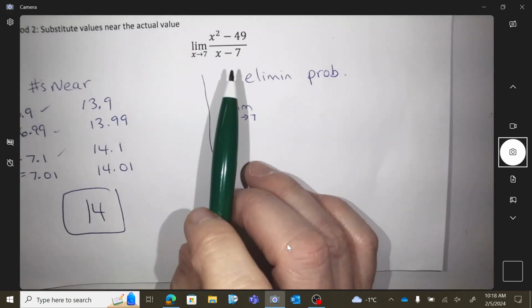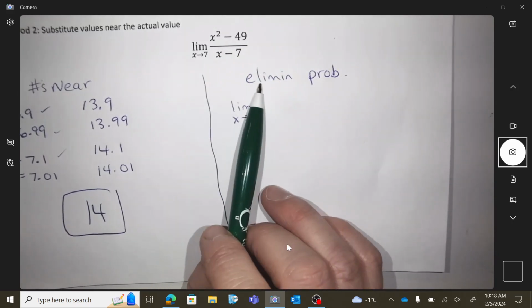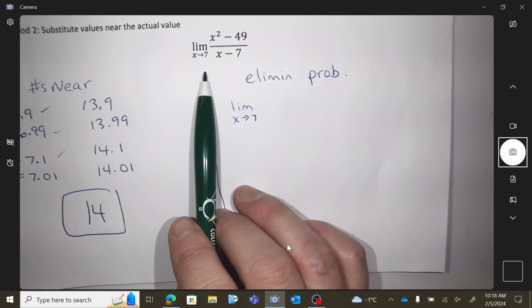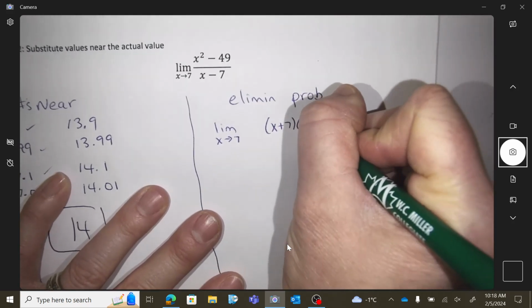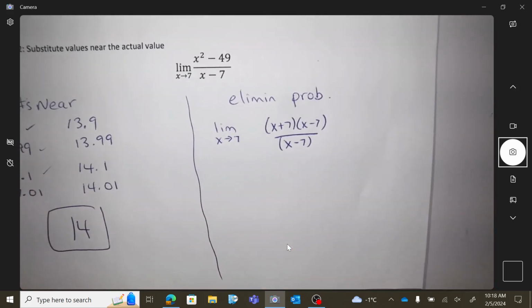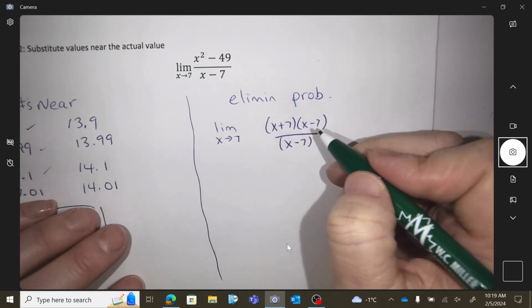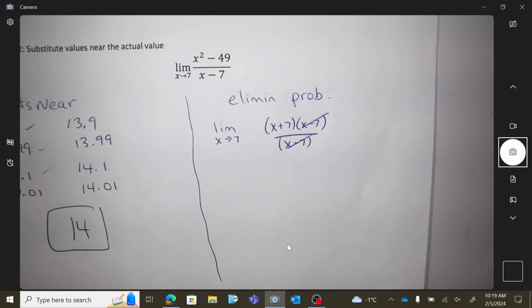Is there any algebra stuff anybody can see with any part of this? Oh, DOS. Difference of squares. So x plus 7, x minus 7, which means that could get canceled.